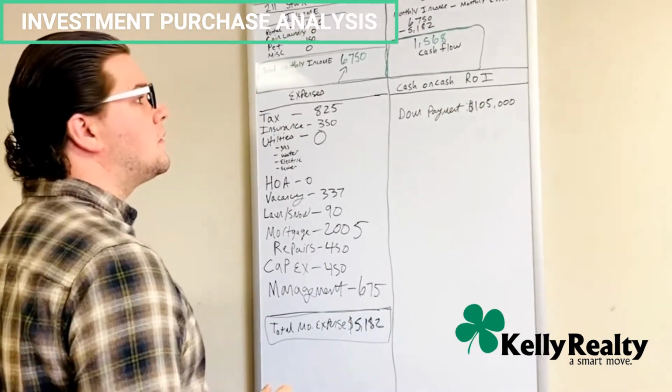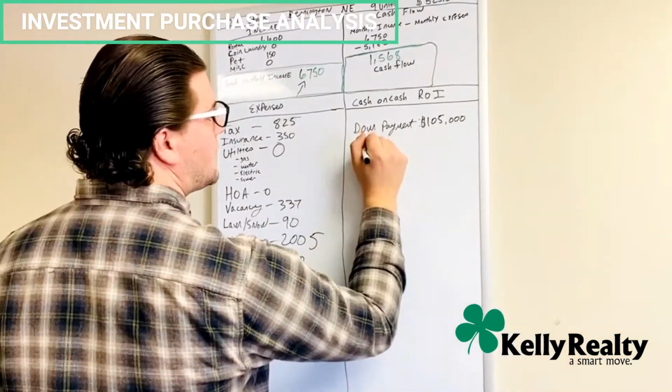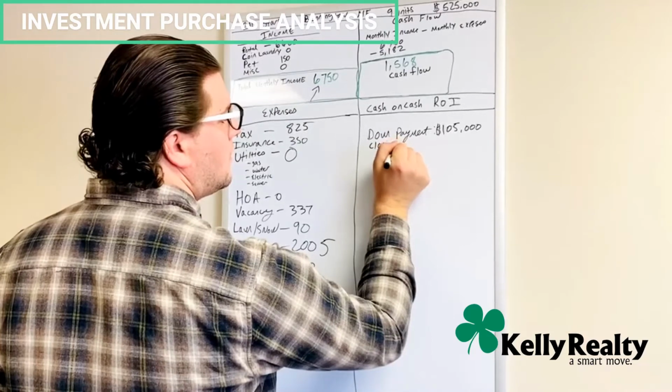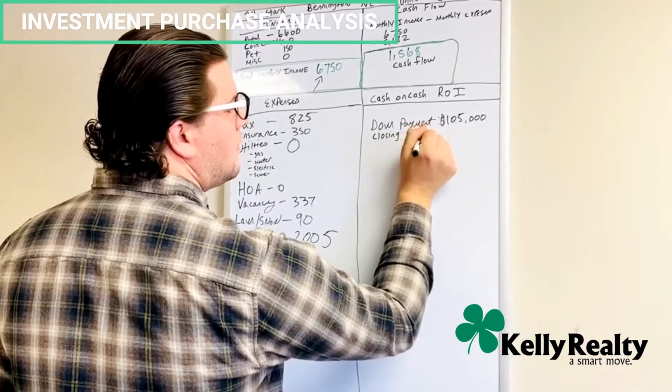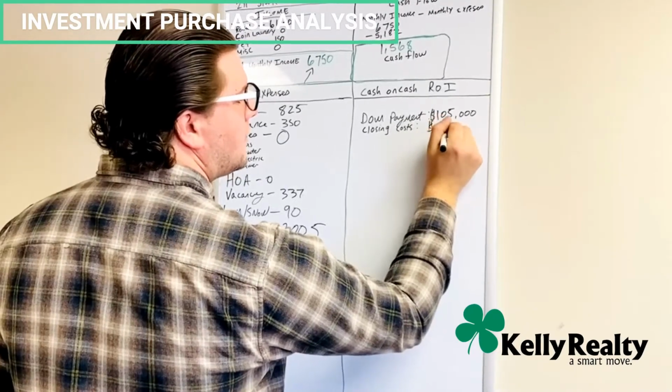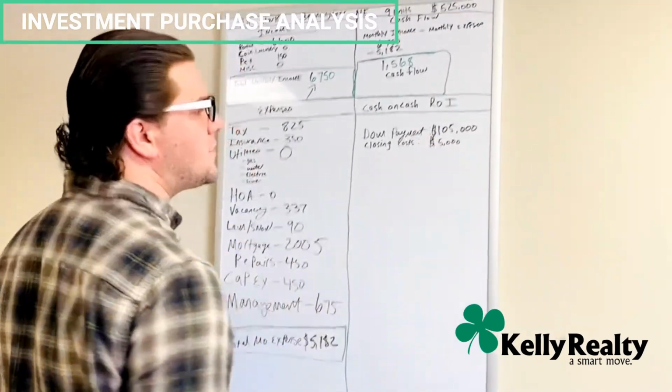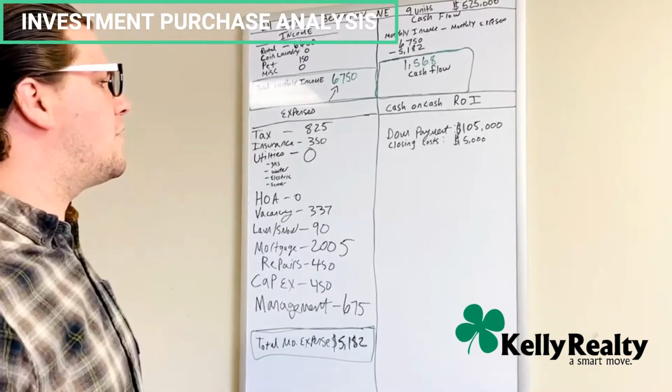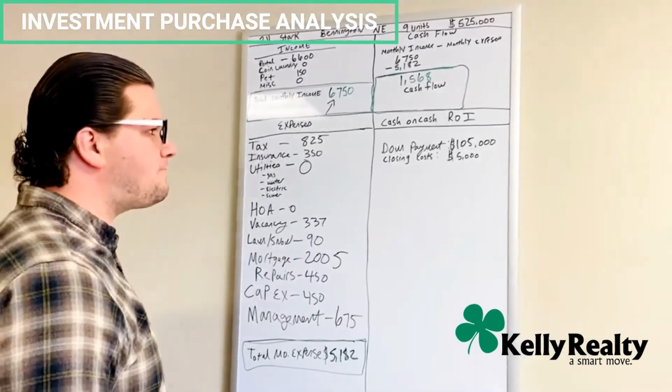Another capital expense would be your closing cost. In our market, it's about $5,000. It includes title fees, appraisals, fees for getting the loan from the lender, stuff like that.